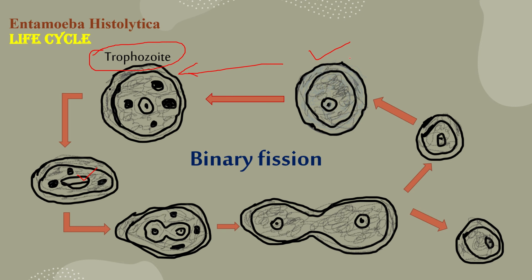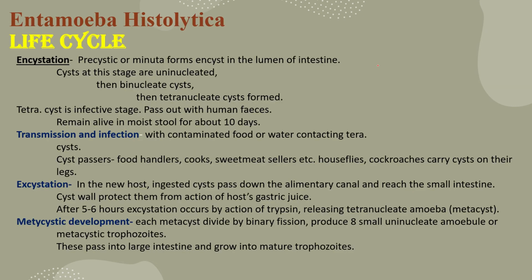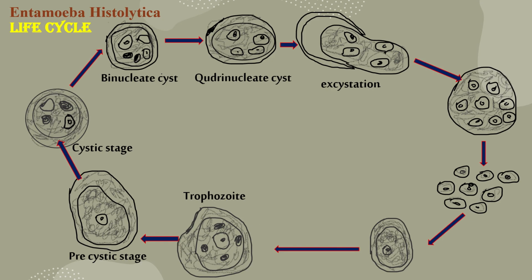This is the first type of fission which takes place in the life cycle of Entamoeba histolytica. Then there is also multiple fission, in which about 8 organisms are formed from one organism. This multiple fission is also found in this organism.